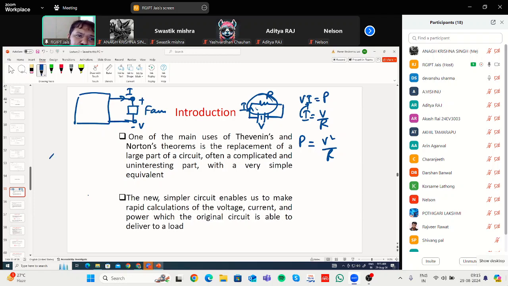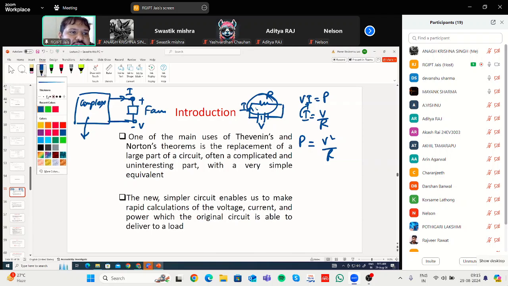House wiring system, you don't know the information. So what Thevenin's and Norton's theorem does, it produces an equivalent circuit, be it any kind of complex circuit inside this box. What it will do, it will represent it in terms of a voltage source and a resistance in series.